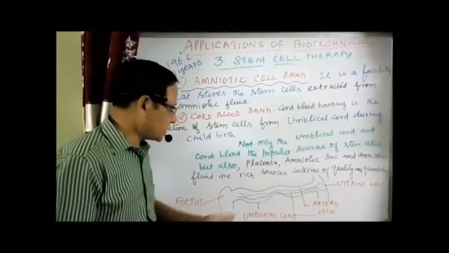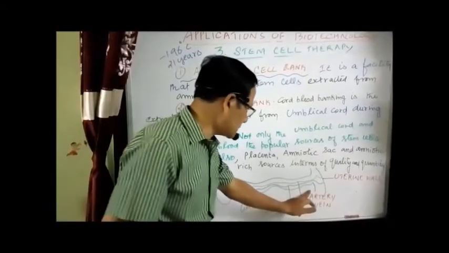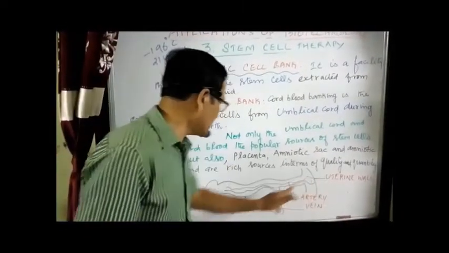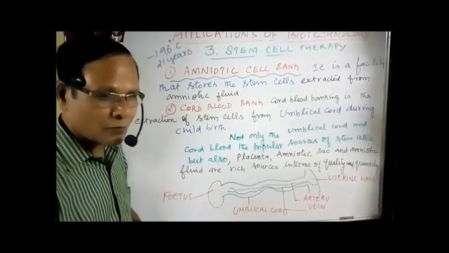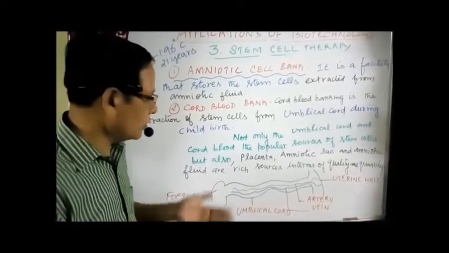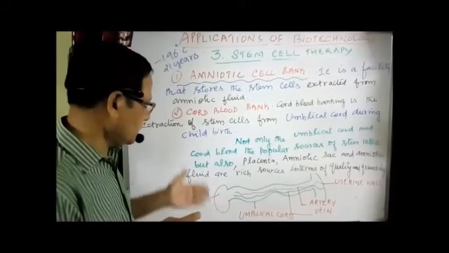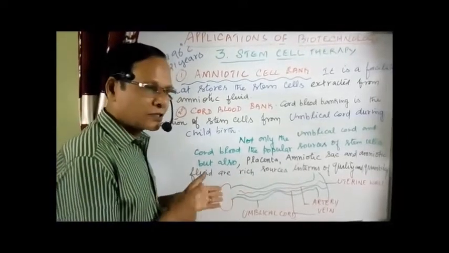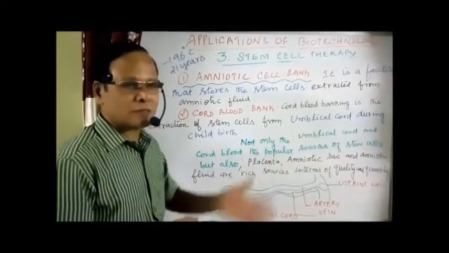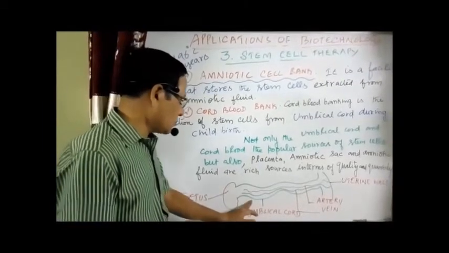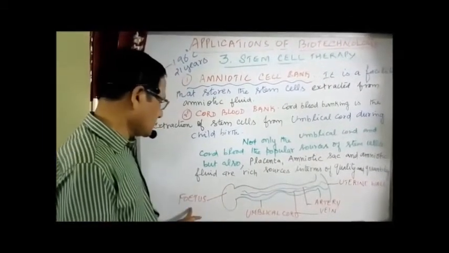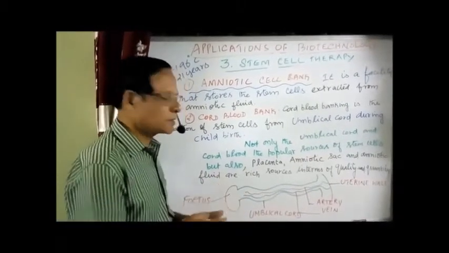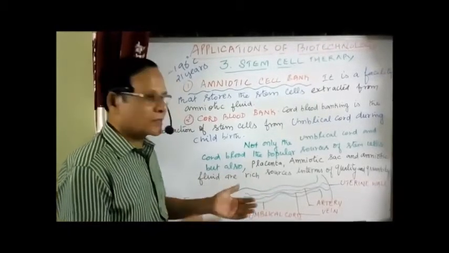This is an artery and a vein supplying blood to the umbilical cord, connecting the uterine wall of the mother and the fetus, through which the supply of oxygen and food materials is transported, and also the waste materials are transported towards the body of the mother. So there is a connection between the fetus and the mother's uterine wall. This contains stem cells, and the cord blood refers to the cells from the blood vessels, the artery and vein of the umbilical cord.